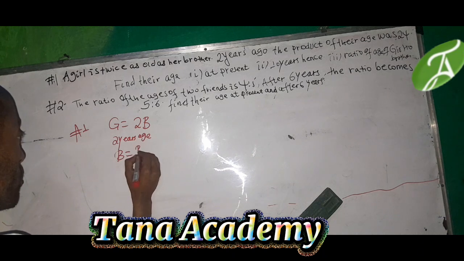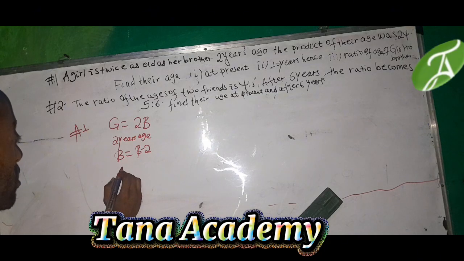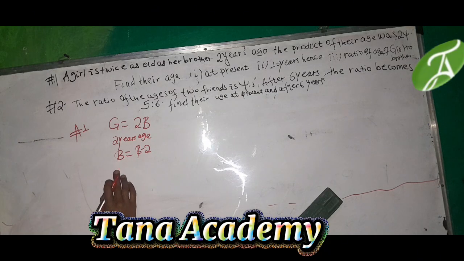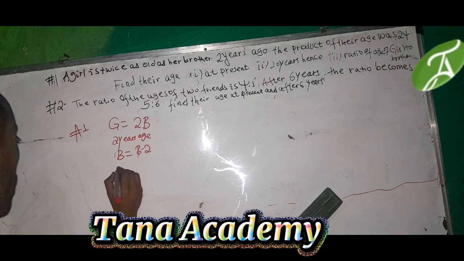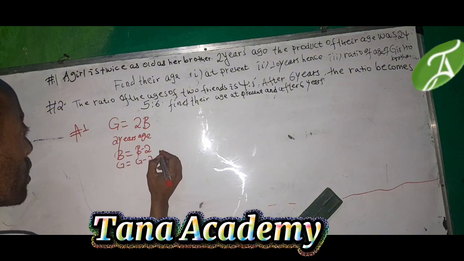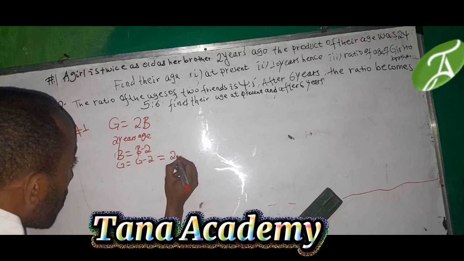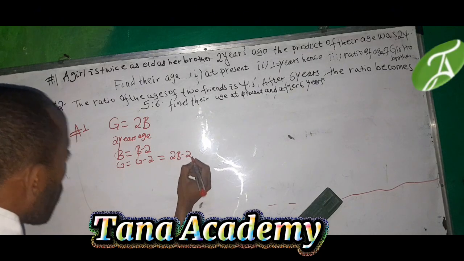Two years ago, the brother becomes B minus 2, because 2 years ago means subtracting from the current age, and the girl is G minus 2, but the girl is twice her brother, so 2B minus 2.